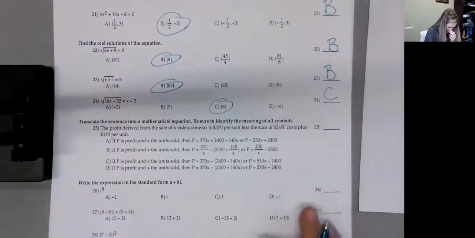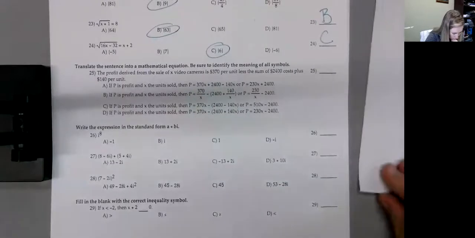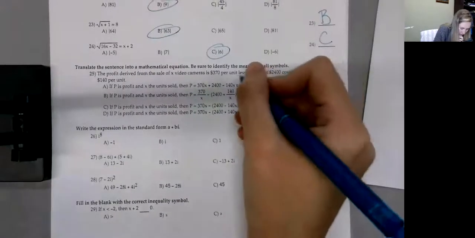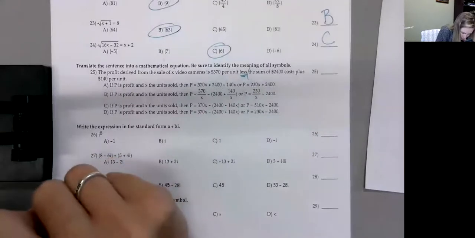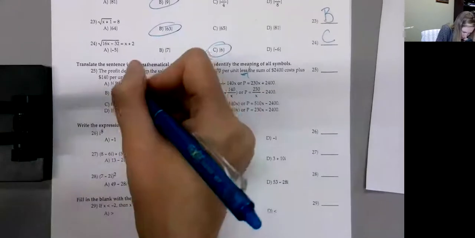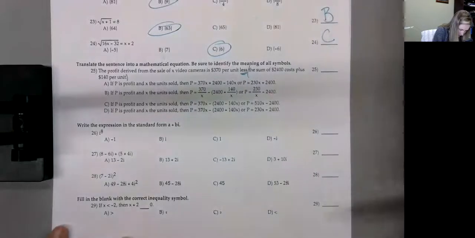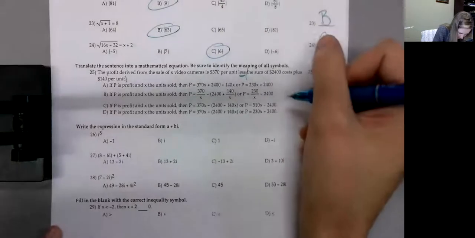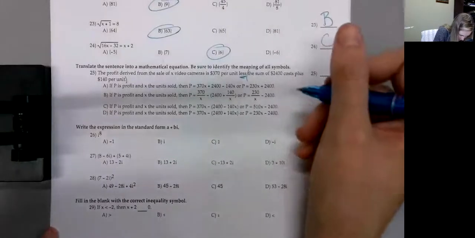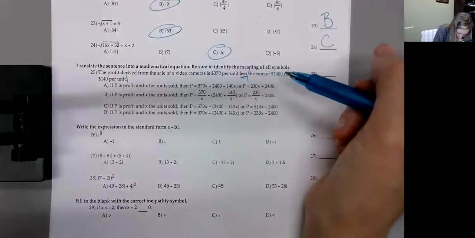Okay, the profit derived from the sale of X video cameras is $370 per unit, less the sum of $2,400 cost plus $140 per unit. The profit derived, so the profit derived, P equals, from the sale of X video cameras, $370 per unit less.